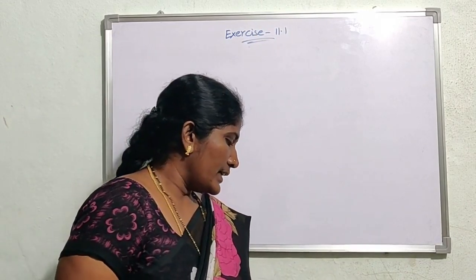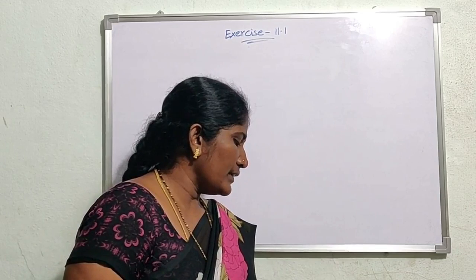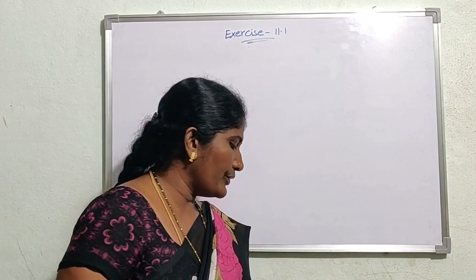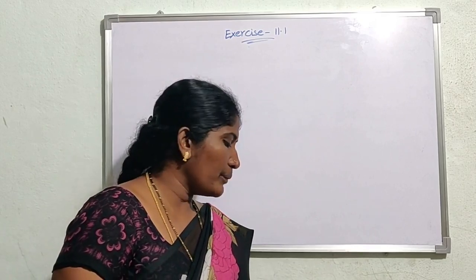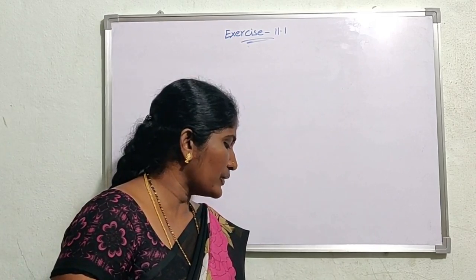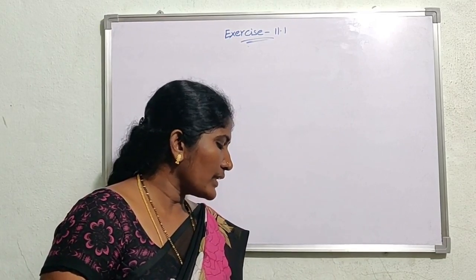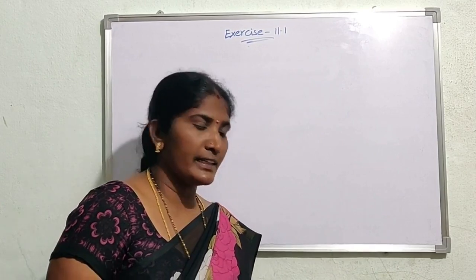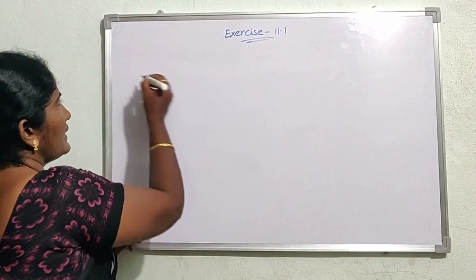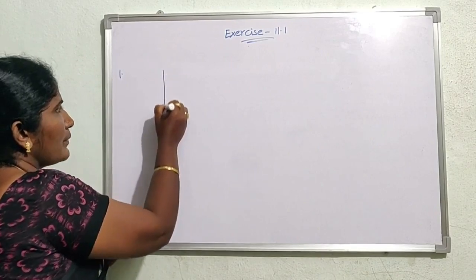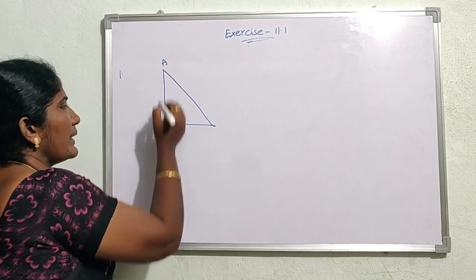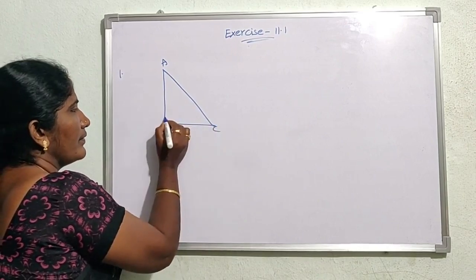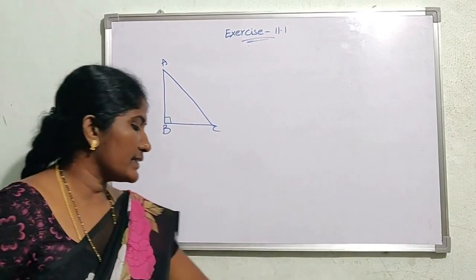First question. In right angle triangle ABC, 8 centimeters, 15 centimeters and 17 centimeters are the lengths of AB, BC and CA respectively. Then find out sin A, cos A and tan A. Here first consider right angle triangle ABC. Right angle at B. Next they gave lengths.